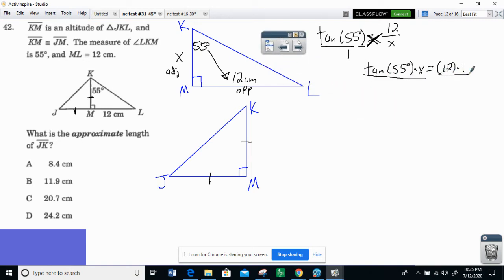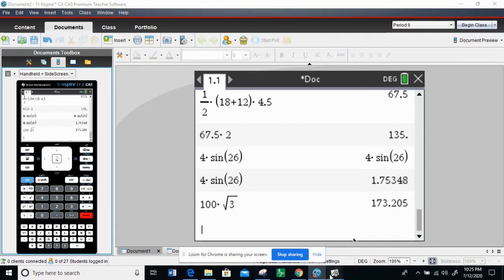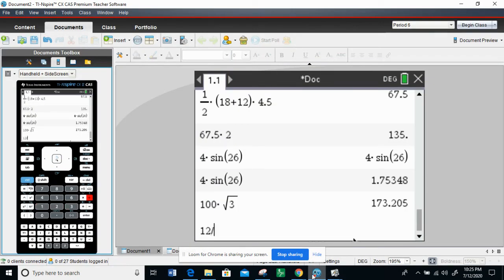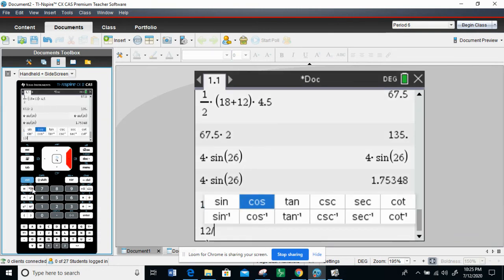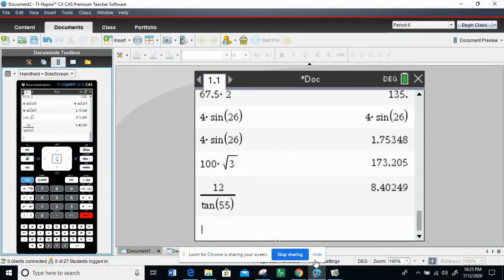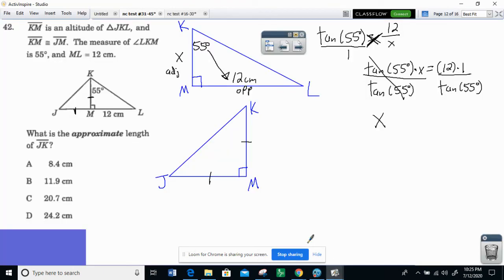We can divide both sides by the tangent of 55 degrees. So if we put 12 divided by the tangent of 55 degrees, that'll tell us how long segment KM is. So as a decimal, that comes out to about 8.4.